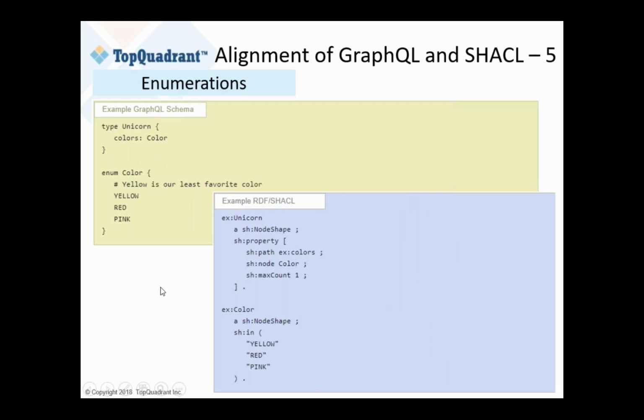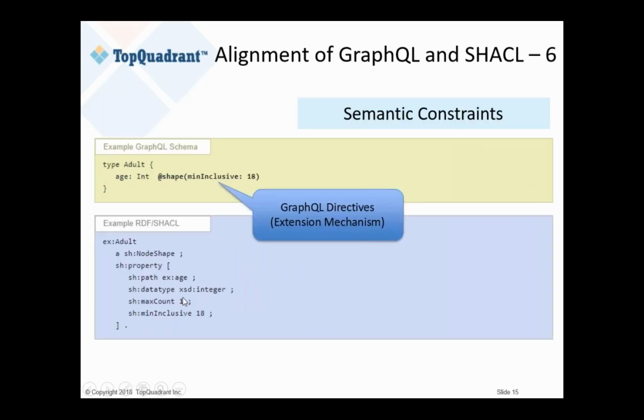And there are enumerations like colors, yellow, red, pink. Enumerations have a corresponding syntax in SHACL using the sh:in property. And that's about it. That is built into GraphQL, really. These are the main features of the schema language of GraphQL.